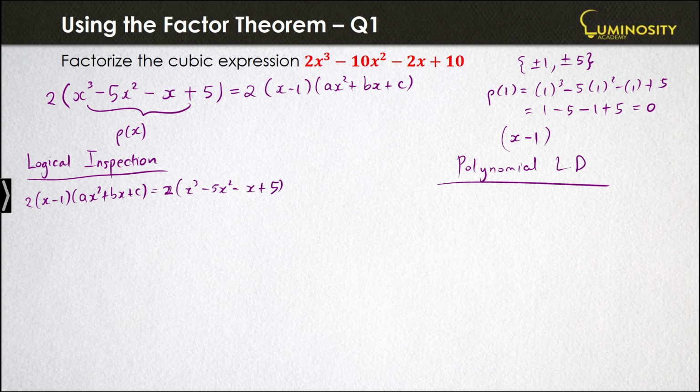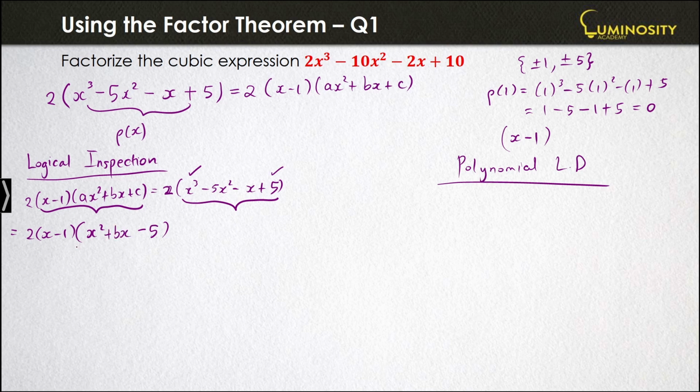Ignoring the 2s now because they're the same on the left and the right, I'll focus on the terms that make up the cubic. If I let a equal 1, then x squared times x will give me the x cubed. And if I let c be negative 5, then negative 5 times negative 1 will give me my positive 5. So I just need the bx term.